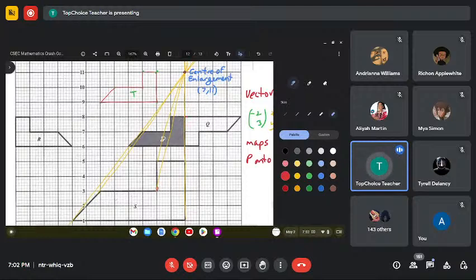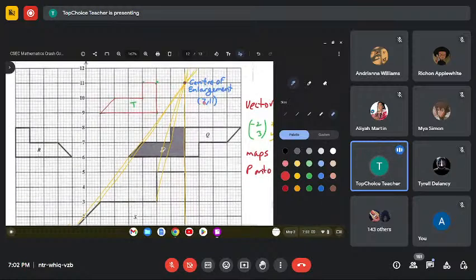From this corner down in the nook here to this corner in the nook here, I make sure the line touched both of these. Notice all my lines converged at this coordinate 7, 11. So that is how I figured out the center of enlargement is going to be 7, 11. This is a question I want you all to try.